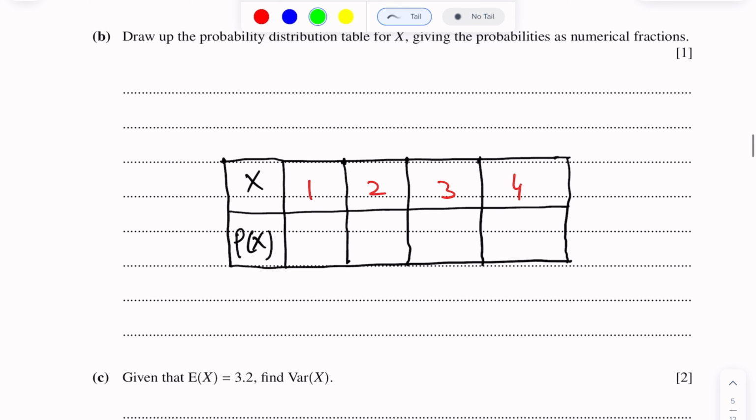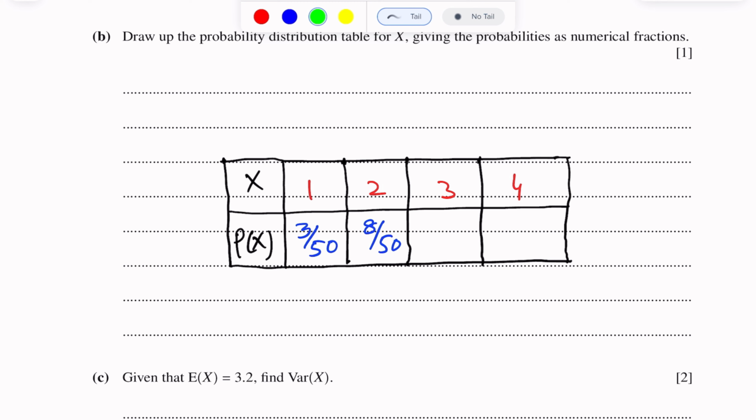Now from here, putting the value of k, 1 over 50, in this table, probability of 1 will be 3 over 50. Probability of x is equal to 2 will be 8 over 50.